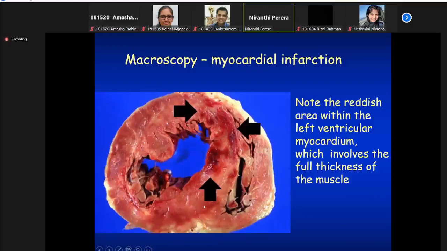What do you see? There is a little bit of infarctive change here also, but here's your full thickness infarction. There's a reddish area within the left ventricular myocardium, involving the full thickness, especially in this area.